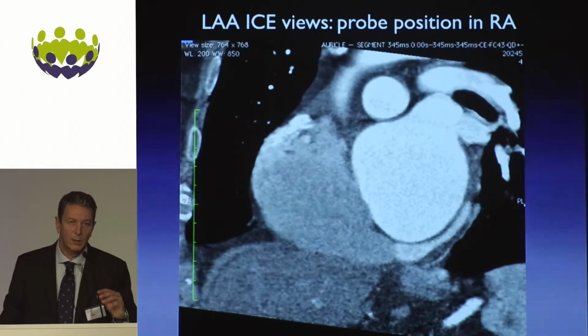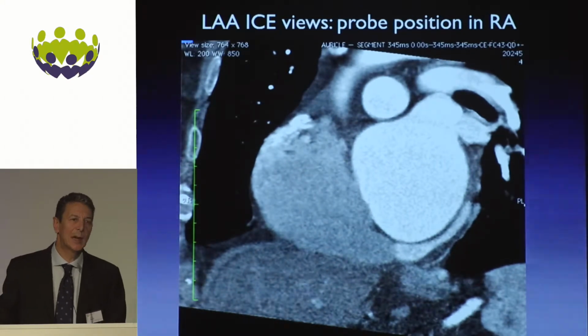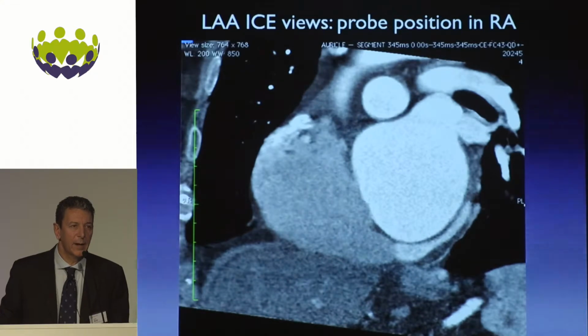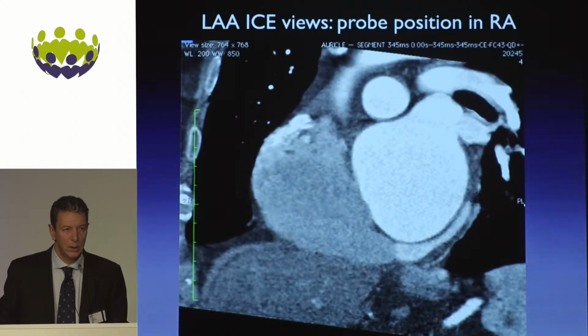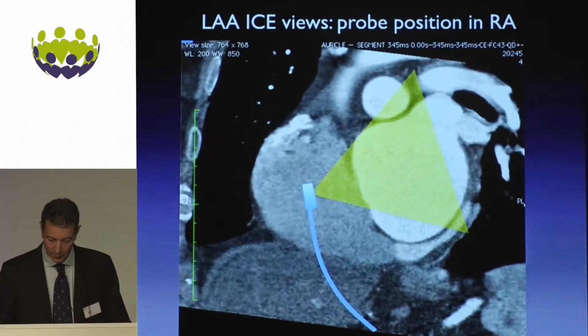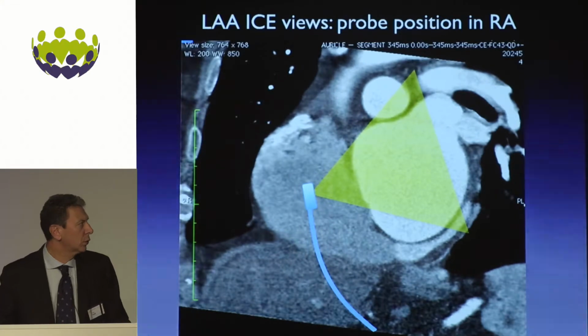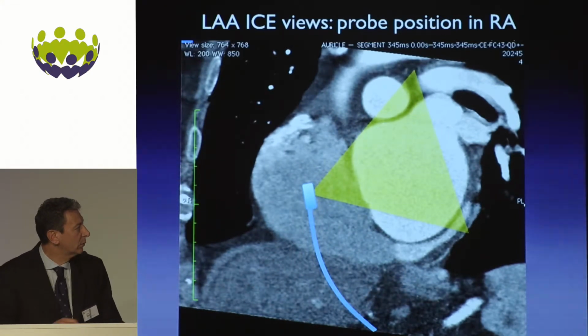But one of the problems is how to visualize the LAA. There are a lot of positions that we can use to visualize the LAA. The first and the most useful, of course, is from the right atrium. From the fossa ovalis position, you manipulate with right and left rotation in order to get a good imaging of the LAA.